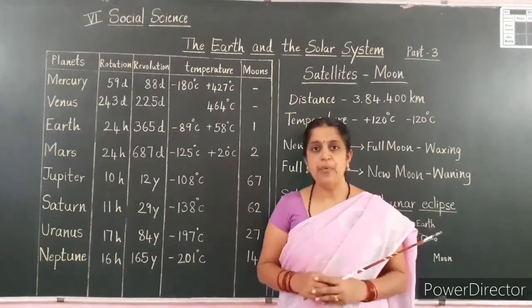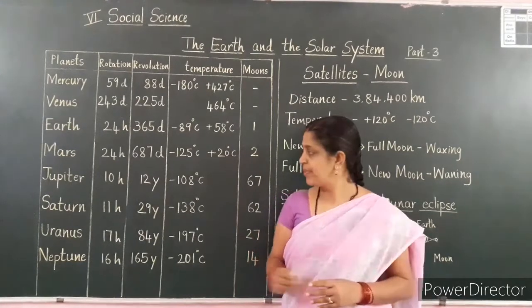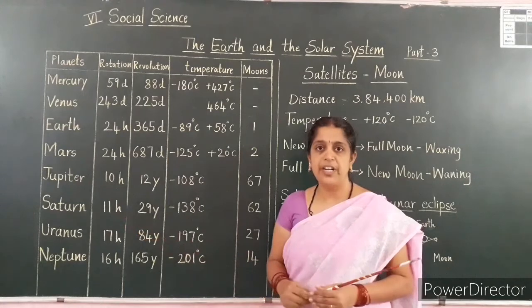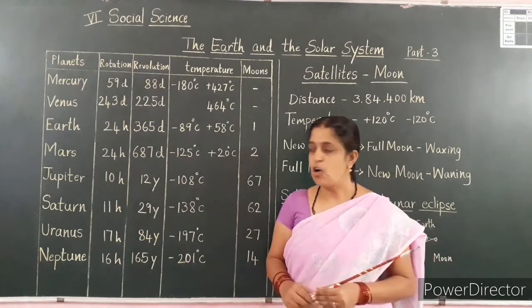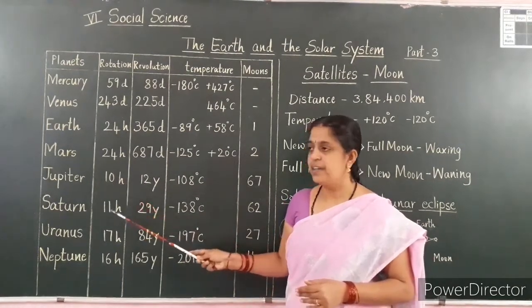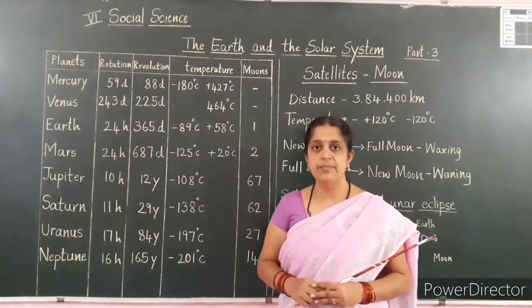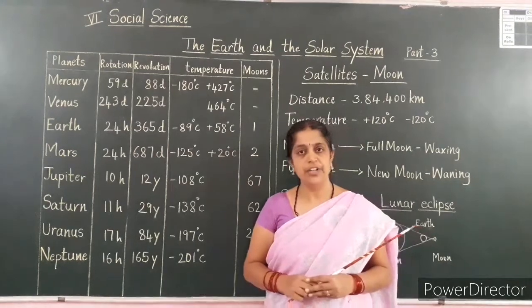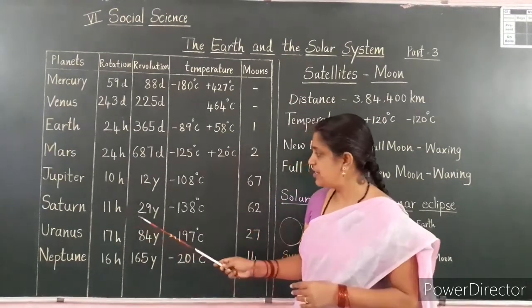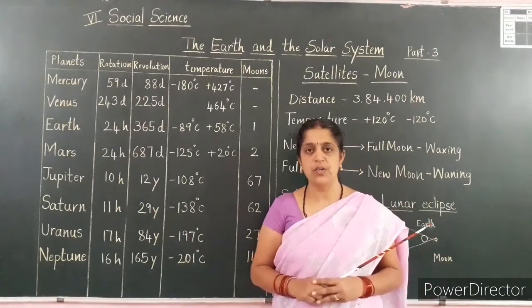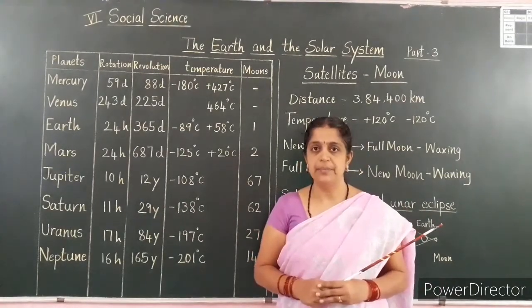It is also made up of gases. It takes 11 hours for one rotation, almost the same as Jupiter. Jupiter takes 10 hours, Saturn takes 11 hours for one rotation. The rotation is very fast. Next, it takes 29 years for one revolution because of the lengthy orbit.